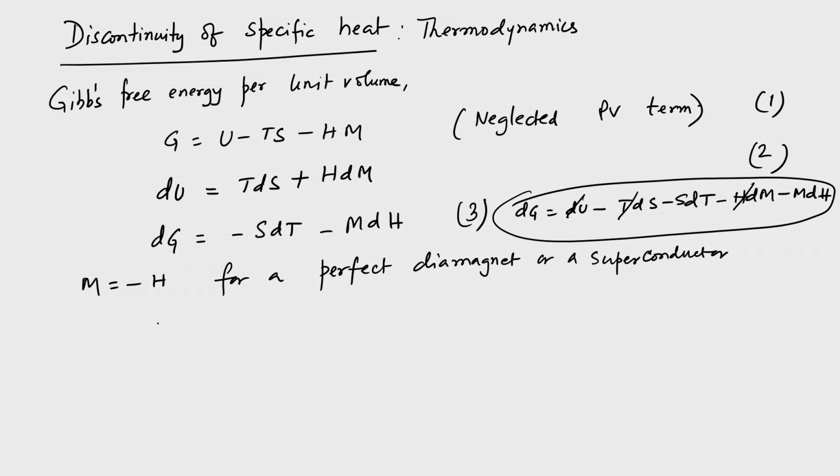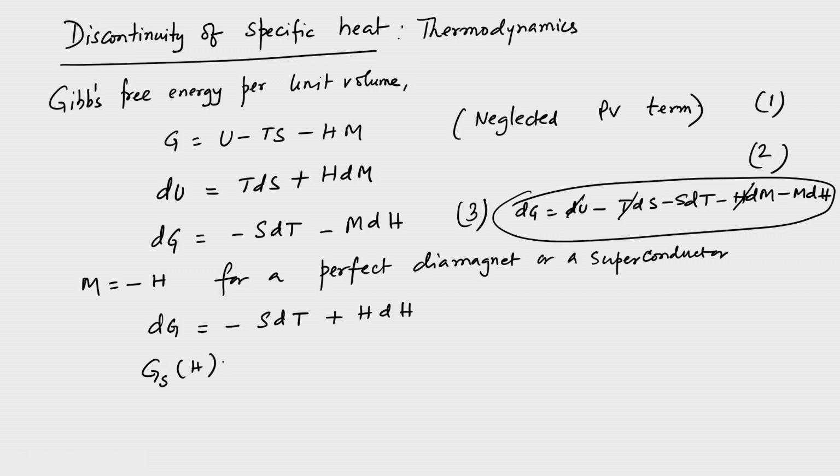So, that gives me dG equal to minus S dT plus H dH, and then if I integrate this, I will get a G. Now, I write an S for the superconducting.